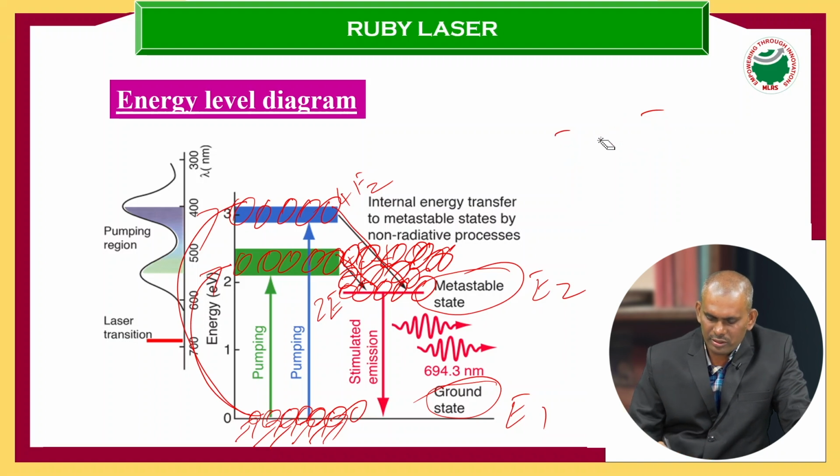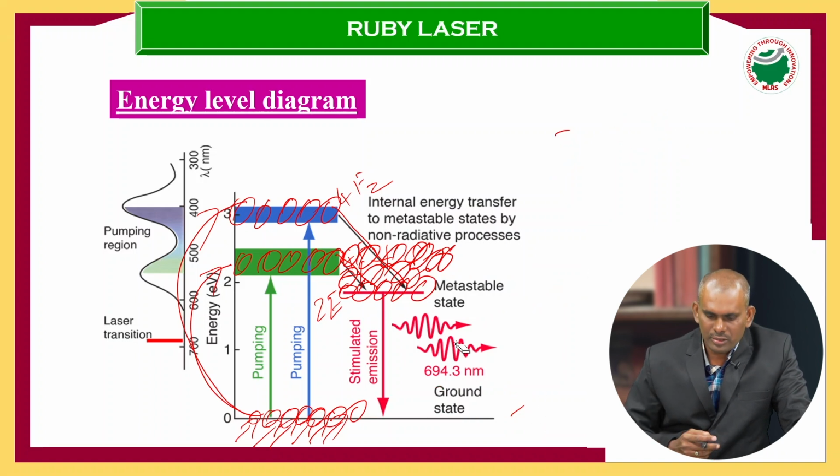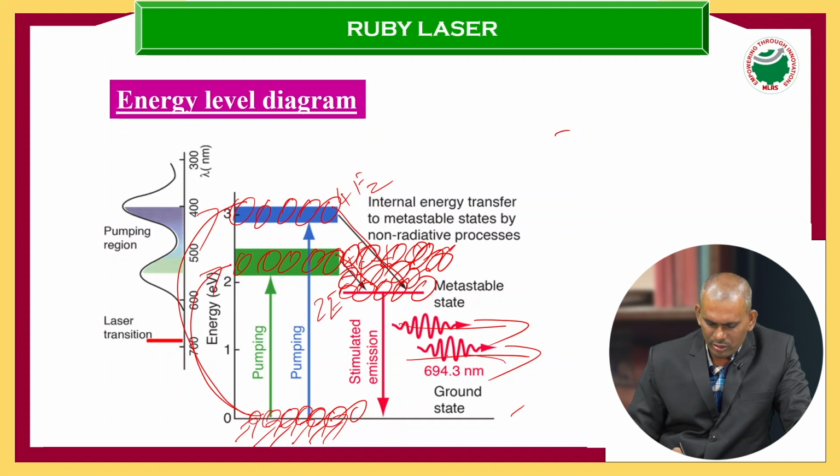Next, from this metastable state, these atoms de-excite to the ground state after the lifetime of the metastable state. While they are de-exciting, these atoms emit their excess energy in the form of photons. So how much intensity of laser can we achieve in this transition? It is around 694.3 nanometer laser we can achieve in the ruby laser system.